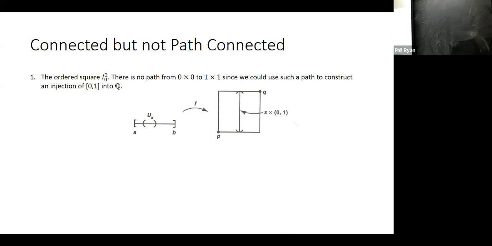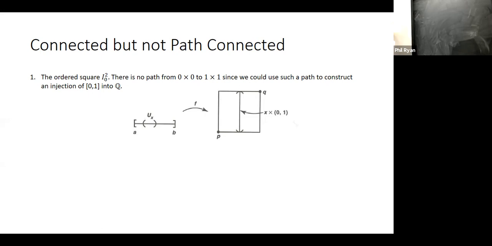That makes sense? How do you know each x in 0, 1 is assigned to a different rational number? Right, because for different x's, we're going to have different, disjoint sets over here.